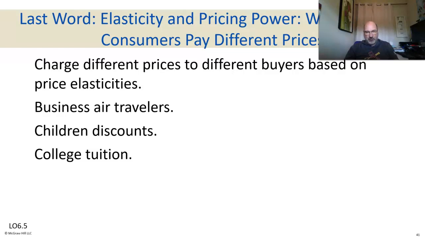One that has a high elasticity, and one that has a low elasticity. Two different prices, and it works for businesses. Students are going to be elastic buyers, and other people are going to be inelastic buyers. You're going to charge the students a lower price and try to gain students' purchases that way.